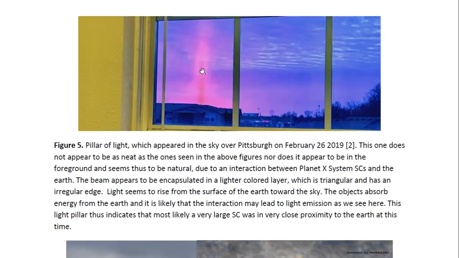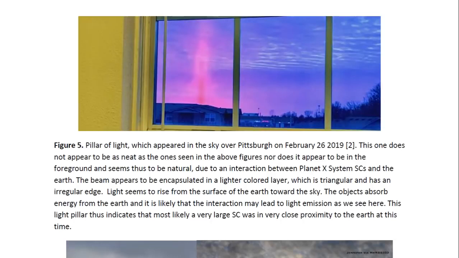It seems to be triangular towards the bottom, and because it does not have the same regular shape that we saw in those pillars of light in the foreground, which were artificial. And this does not even seem to be in the foreground. It seems to be in the background. There seems to be a real distance between the observer and that pillar of light.